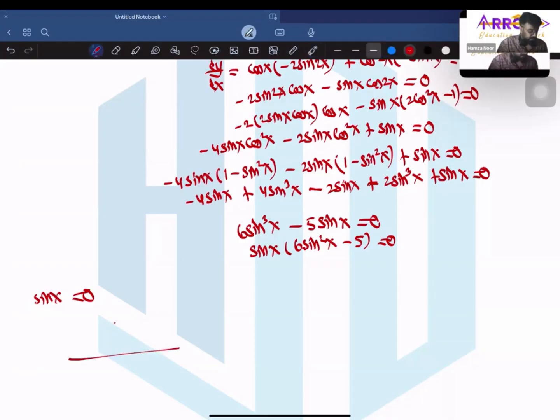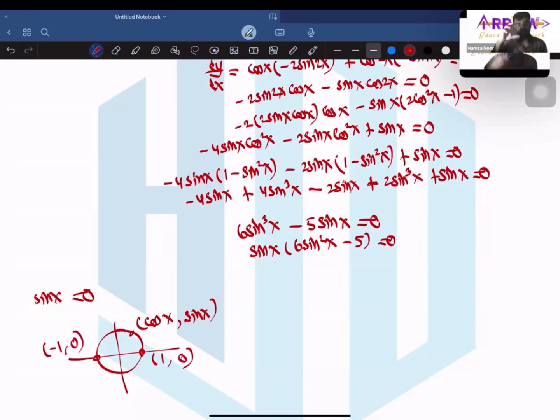When we are talking about the circle with radius 1 and center origin, every coordinate on the circumference is in the form of cos comma sine. So when sine x is equal to 0, you are talking about these two coordinates, 1 comma 0 and minus 1 comma 0. So we can say that theta is either equal to 0, pi, 2 pi, and so on.